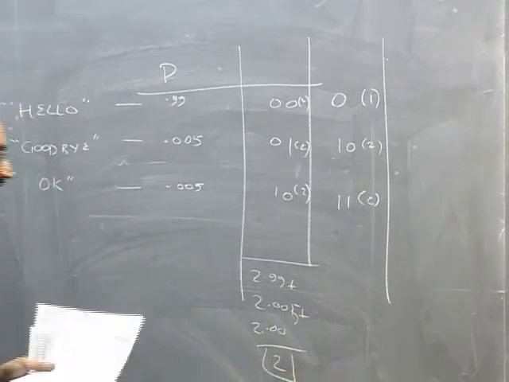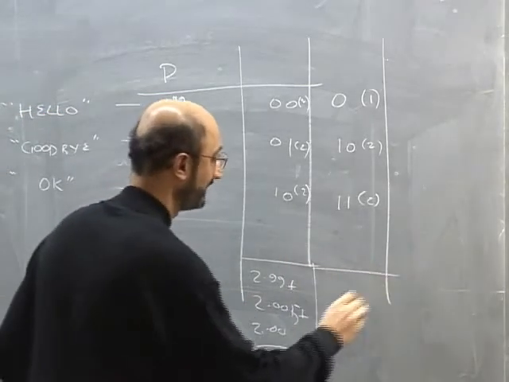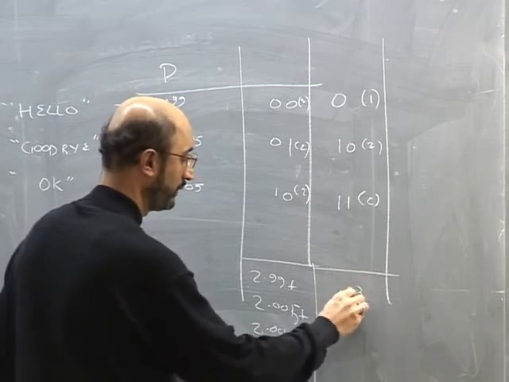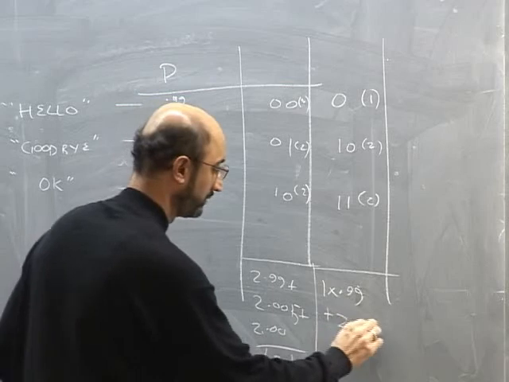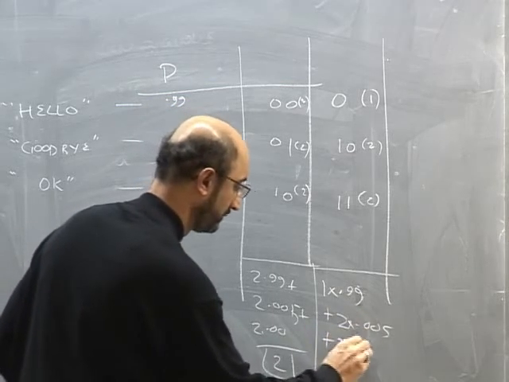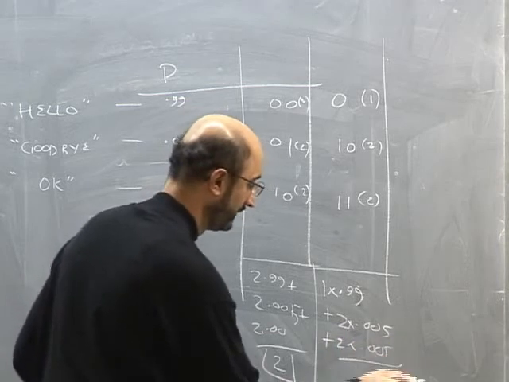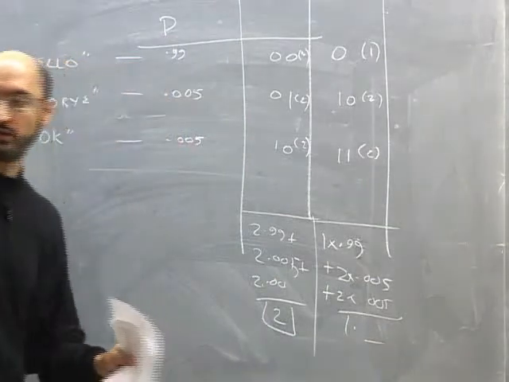Obviously, that's going to be the case because it's always 2. Here, my expected message length is 1 times 0.99 plus 2 times 0.005 plus 2 times 0.005, which is fairly small. It's 1 point something really small, right?